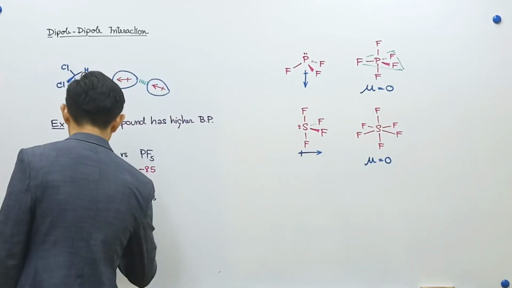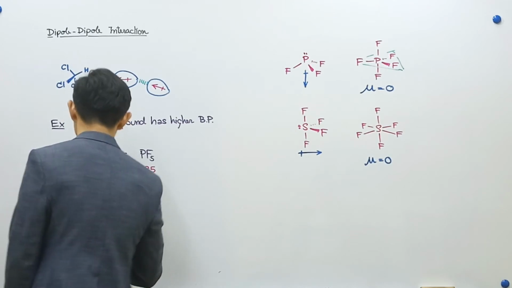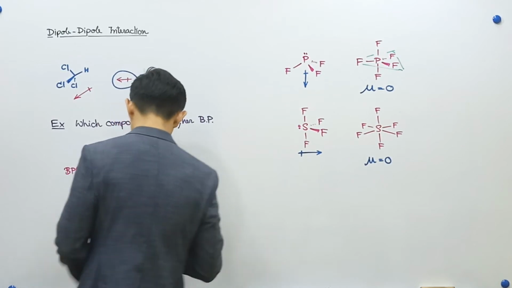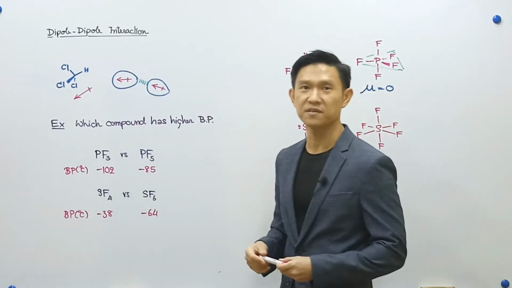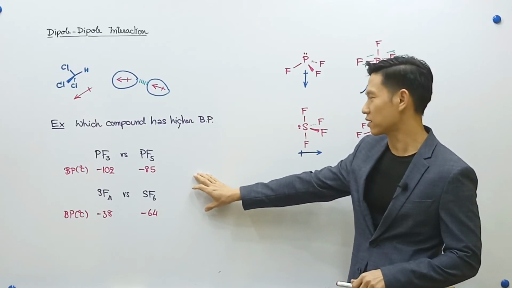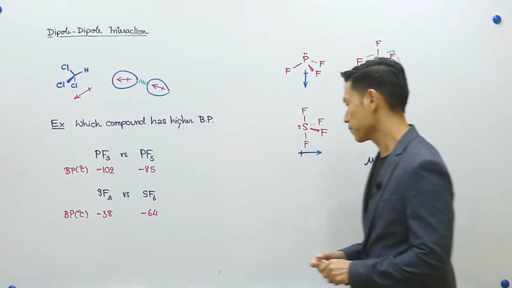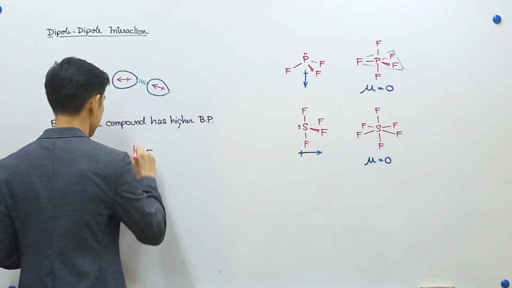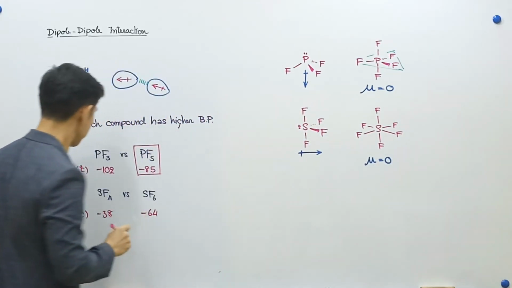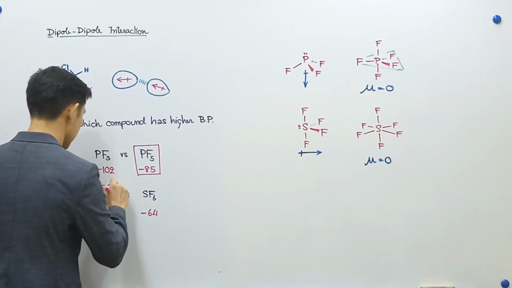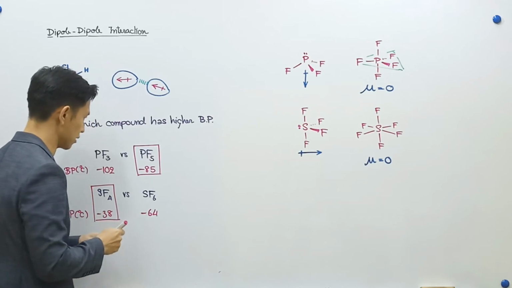SF4 is minus 38, and then SF6 is minus 64. So surprisingly, these two pairs do not go along with each other. As you can see, the boiling point of PF5 is higher than PF3. But the boiling point of SF4 is higher than SF6. Why?